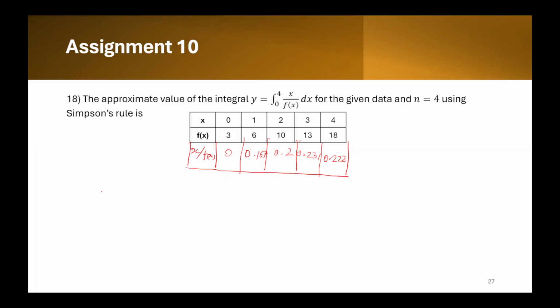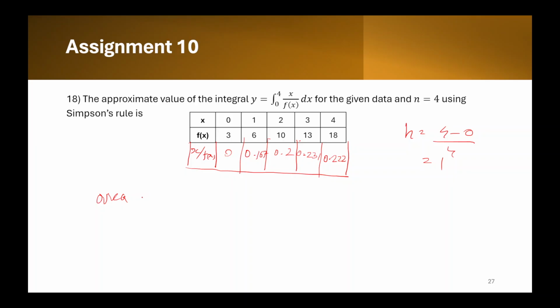So you need to compute the area between 0 and 4 and n is 4. First compute h: 4 minus 0 by 4, so h is 1. Again, you can see the width is 1 only: 0 to 1, 1 to 2, 2 to 3, 3 to 4.